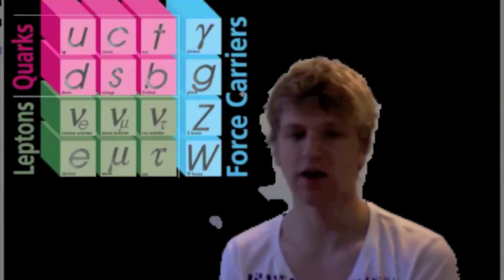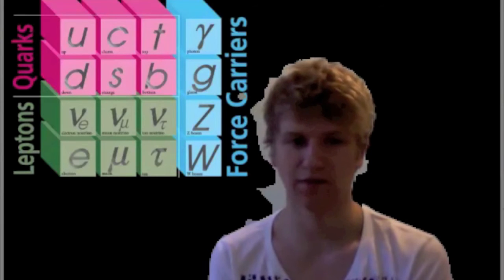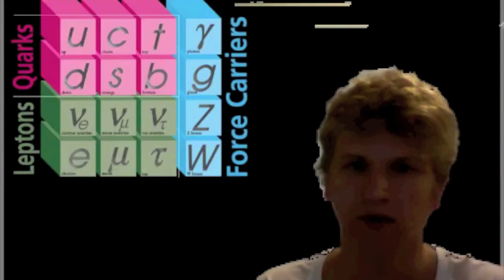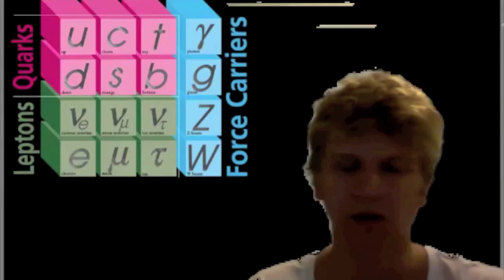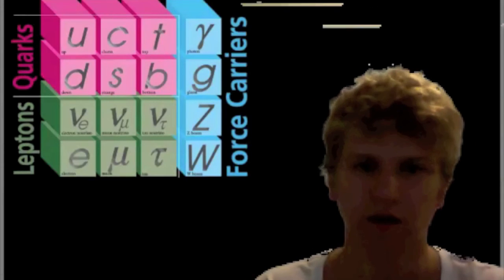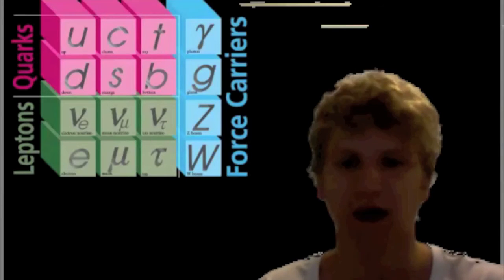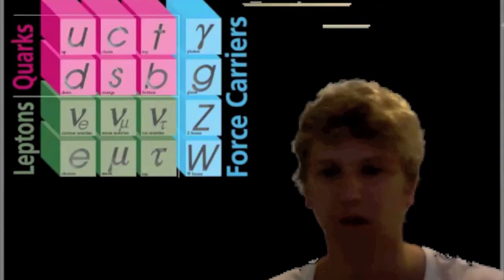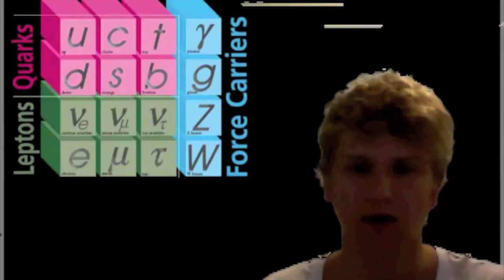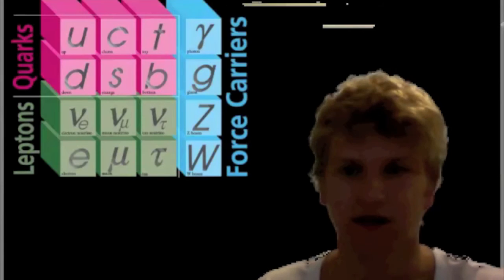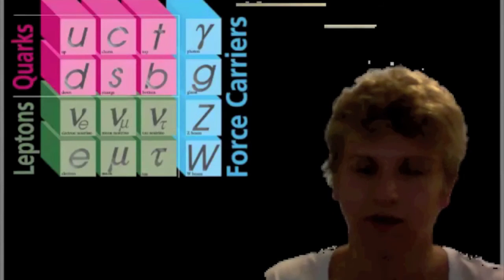Electrons, muons, and tau particles all have a relative charge of -1 and the same spin, that of a regular fermion, of 1/2. Like the quarks, when you have an anti-lepton, the only difference is the charge. I mean, an anti-electron, anti-muon, and an anti-tau all have a charge of +1. They all have the same spin, obviously, of 1/2, and they all have the same mass as their negative counterparts.